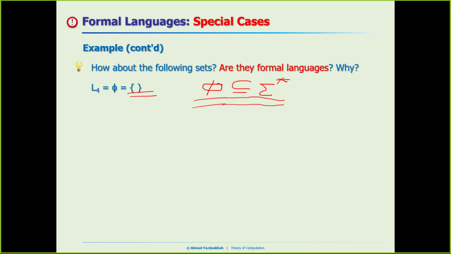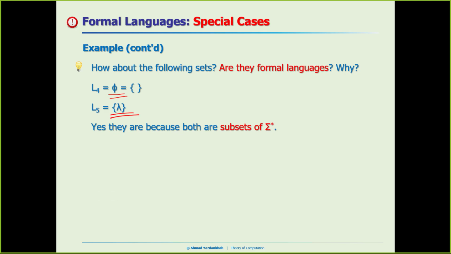And based on that definition, we would say yes, phi is a formal language. This is another useful language, and it is a formal language as well, because lambda is a subset of sigma star.